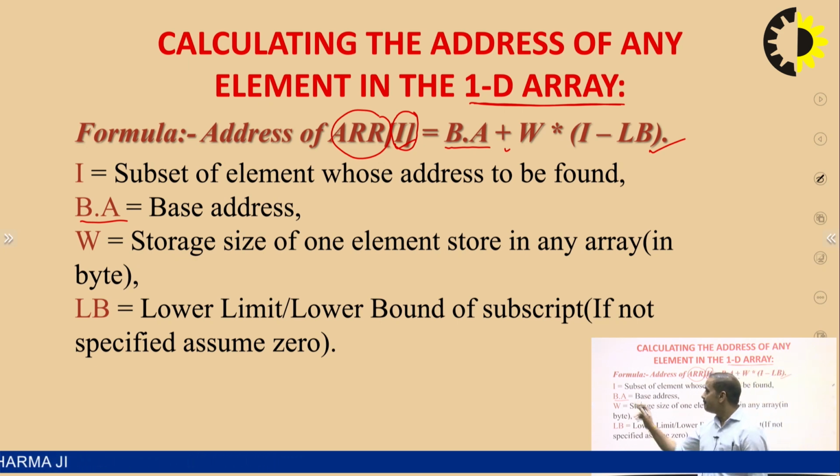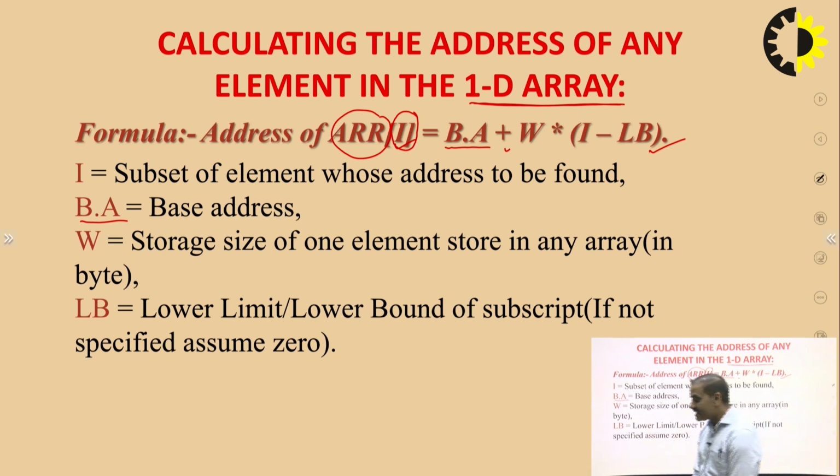W is the storage size, or we can say the number of words per memory cell. What is the space or memory taken by a single word in memory: 2 byte, 3 byte, 4 byte, etc. LB is the lower bound, which was also discussed in previous slides.